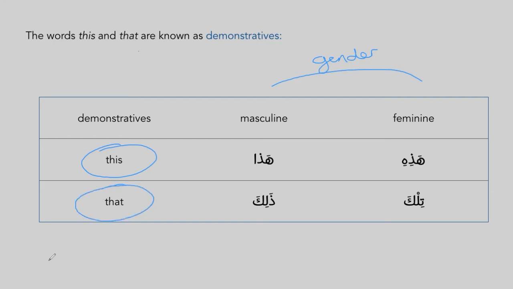So we have dhalika and tilka. Not many people notice this, and I didn't ever notice it till I started teaching, but the spelling of these words is different to their pronunciation, except for tilka. Tilka is fine. It's the other three that you have to watch a little bit, because it's non-phonetic in a sense.